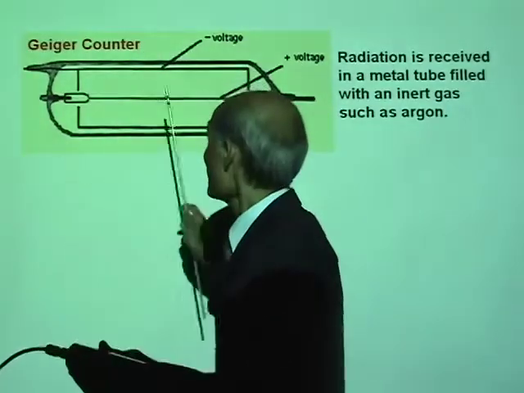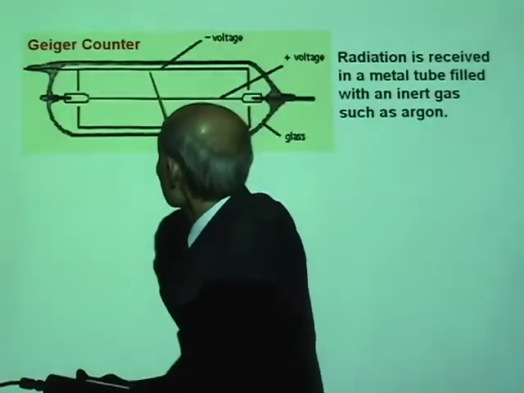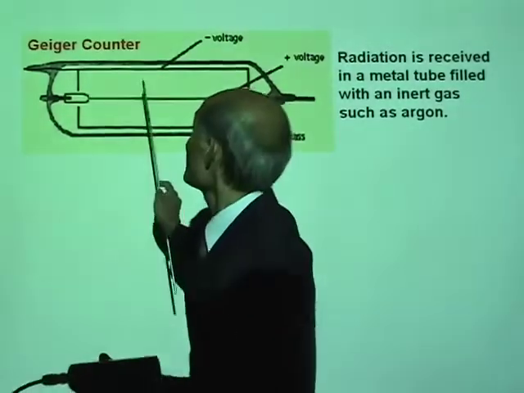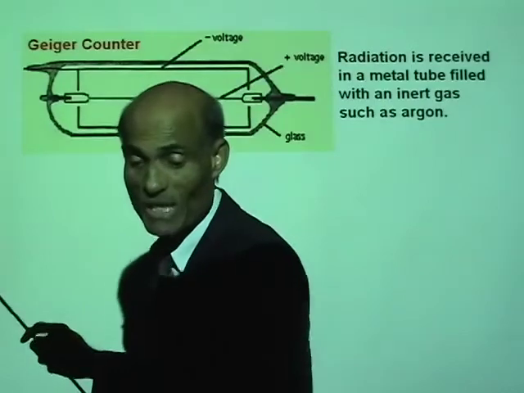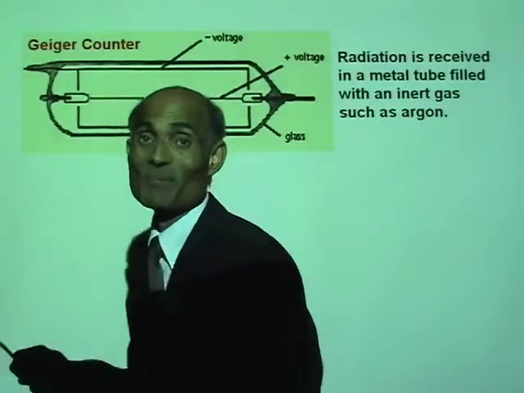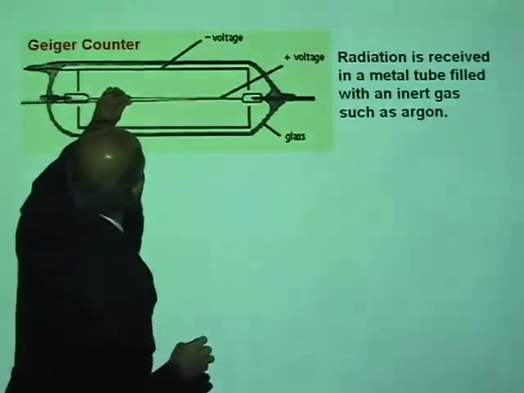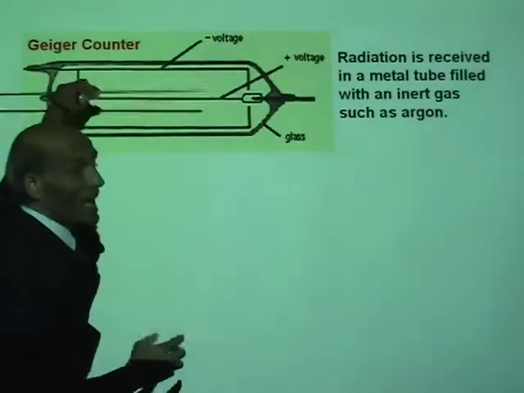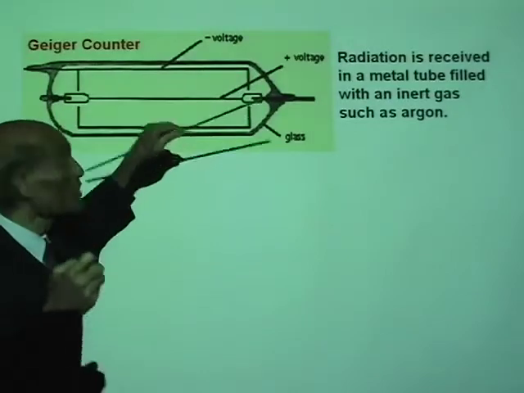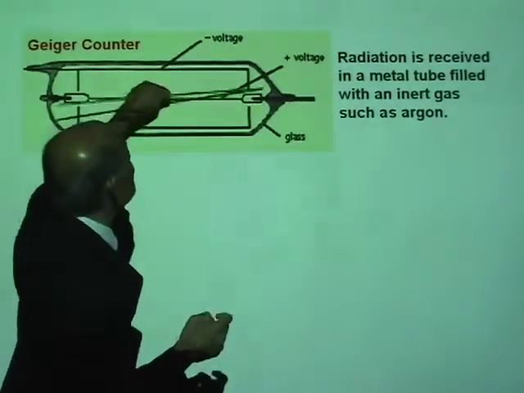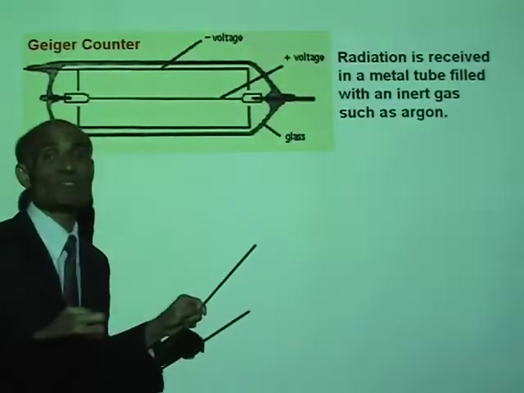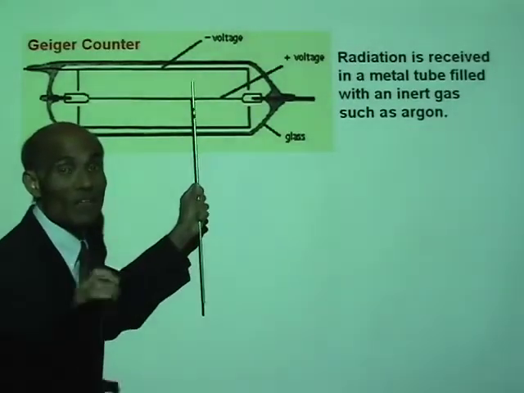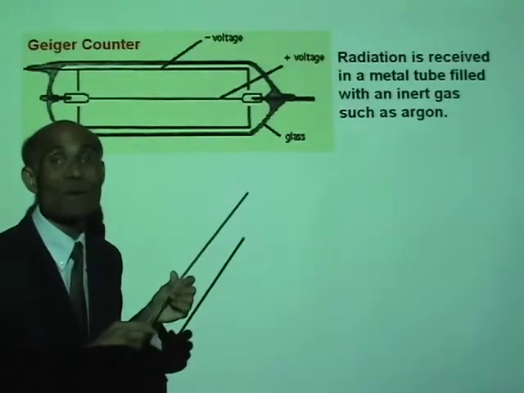That means as long as this air remains normal air, it will not allow an electric current to flow through it. If this air allowed electric current to flow through it, a current would flow in that circuit. But as long as this air is normal air, there will be no current flowing there.